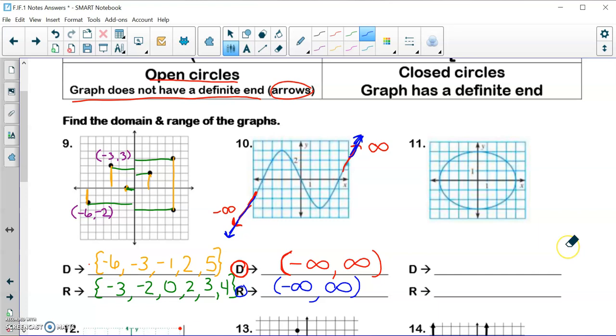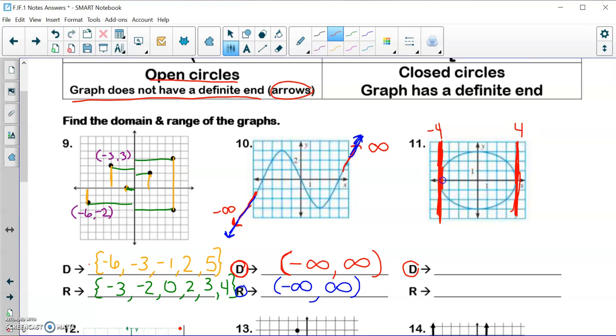All right, number 11 is different because my domain, my leftmost point, and you might want to draw, I'm going to call these my bounds, my boundary lines. So these red vertical lines are going to represent my leftmost point and my rightmost point. So my leftmost point on the graph has an x value of -4, and my rightmost point on the graph has an x value of 4.